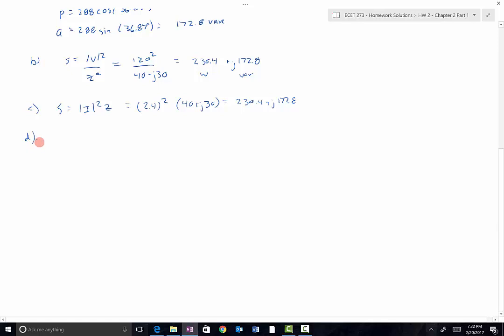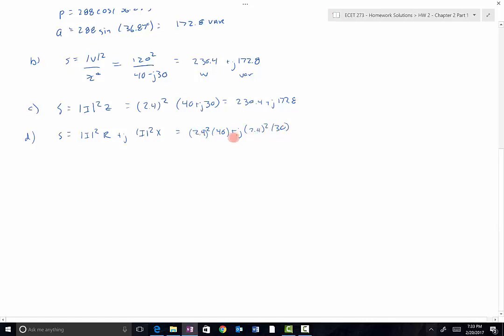Part D asked us to use the formula S is equal to the magnitude of I squared times R plus j times the magnitude of I squared times X. So that's going to be equal to 2.4 squared times 40 plus j times 2.4 squared times 30.